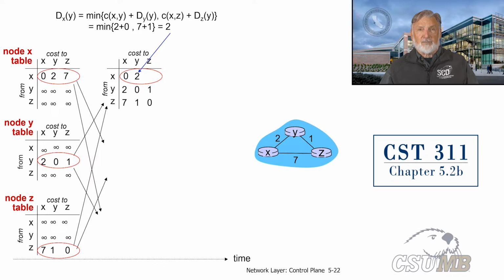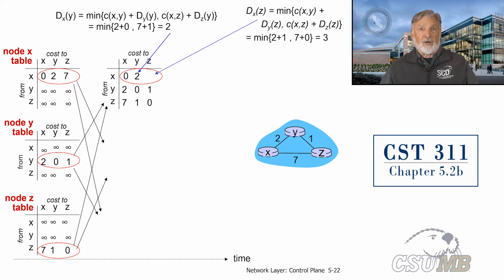Node X also compares the path cost to Z through Y, which is 2 plus 1, to the direct cost to Z, which is 7, and determines that the path through Y is the minimum cost of 3. Node X now changes this DV value for Z in its forwarding table.